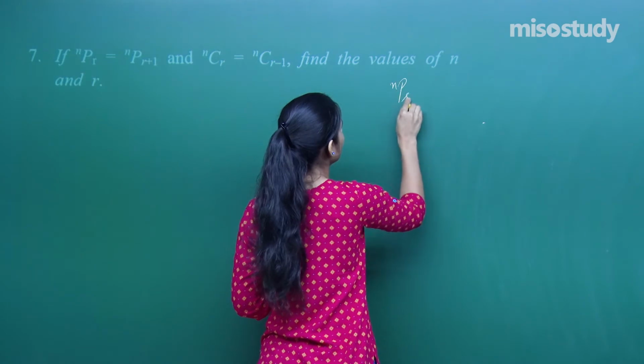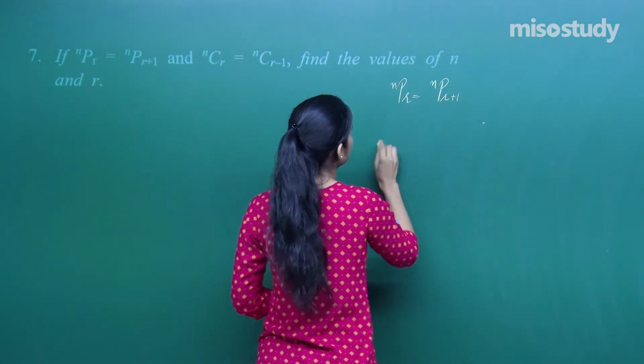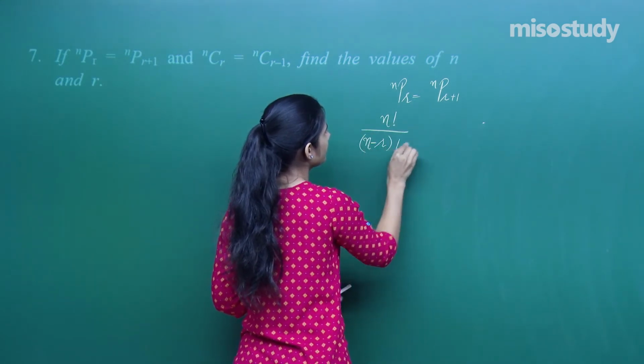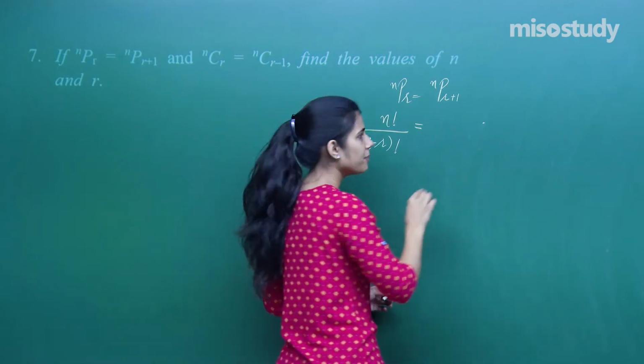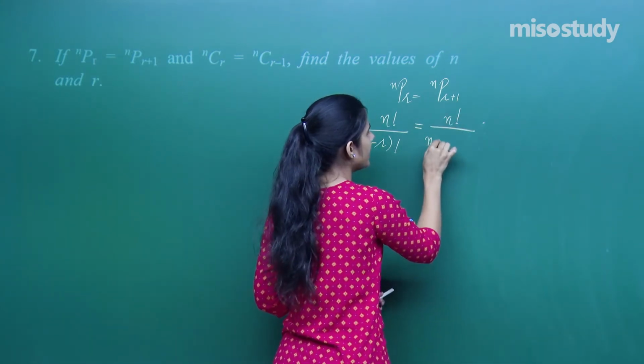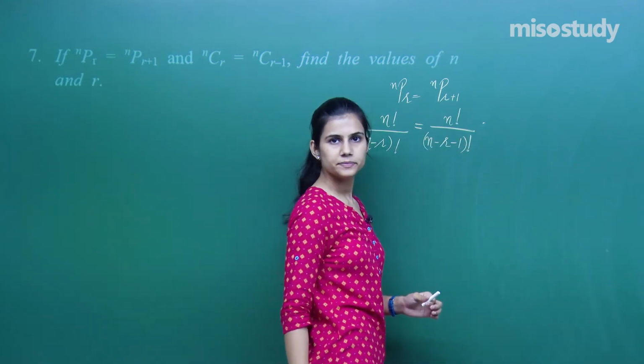nPr is the same as nP(r plus 1). nPr is n factorial upon n minus r factorial, and nP(r plus 1) will be n factorial upon n minus r plus 1 factorial. Clear?